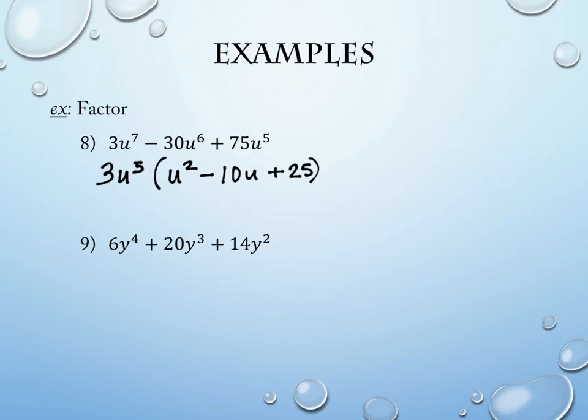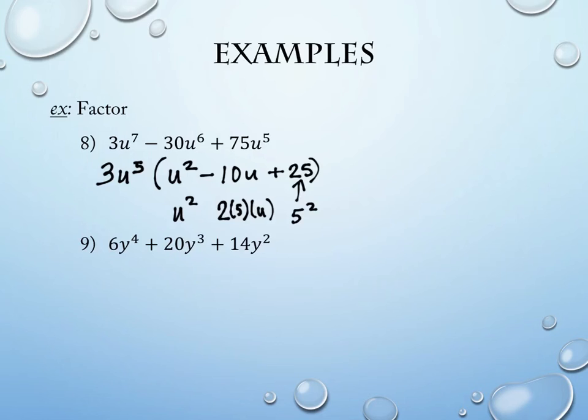You can use AC method. You can use trial and error. But I want you to see this. This is 5 squared, isn't it? It's actually a perfect square trinomial. Again, use AC if you want. It's not going to hurt my feelings. It's not going to make any difference. You're going to get the same answer. But this is the perfect square, because we have u that's being squared, I have 5 that's being squared, and in the middle I have 2 times 5 times u.